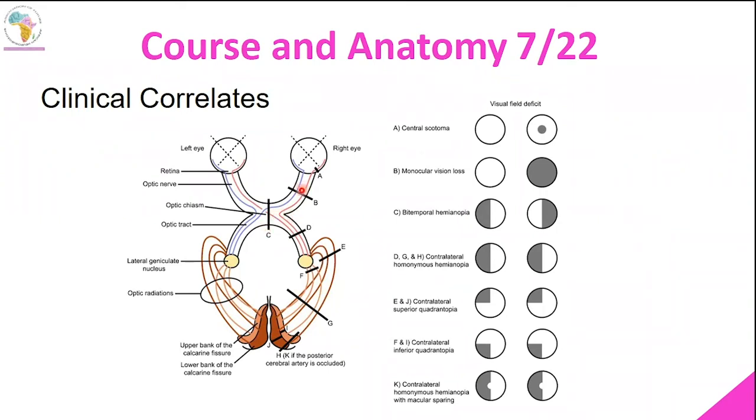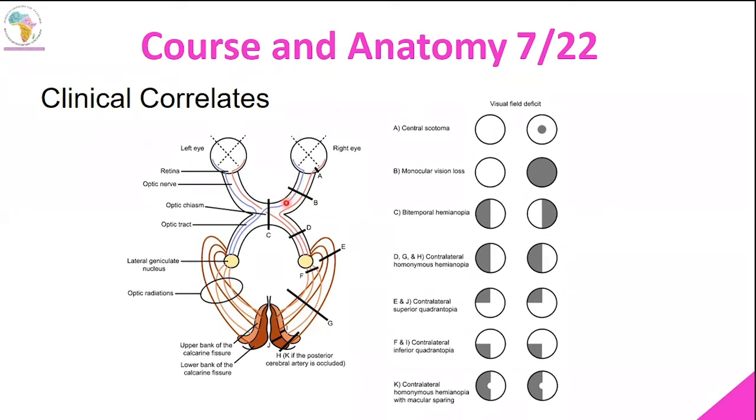So at this level, for example, when you look at bitemporal hemianopia, which is this right here, the reason why we're having this is because of the issue of decussation. In this case, for example, if we have a lesion, or maybe a discontinuity in the nerve at this point, the patient would not be receiving visual information in this aspect of the visual field, as well as this aspect of the visual field.